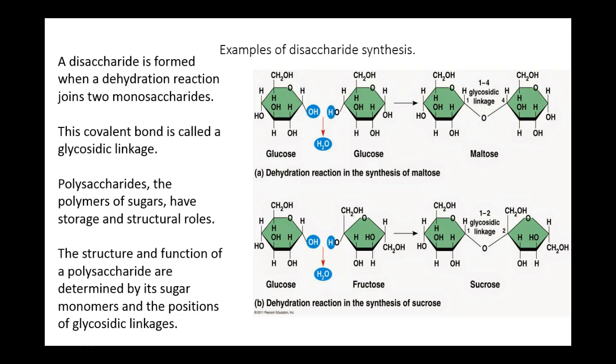We call that linkage that we made a glycosidic linkage. So it's a linkage between the 2 functional units, or the 2 reactive areas of the carbon ring of that monosaccharide, or that mono unit.